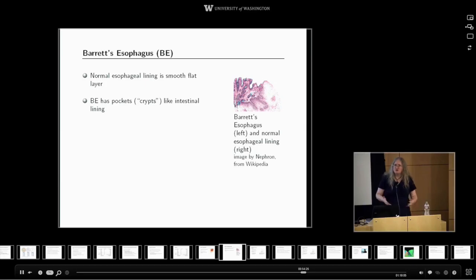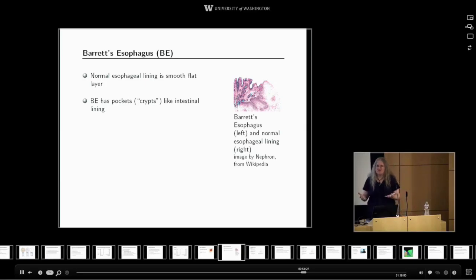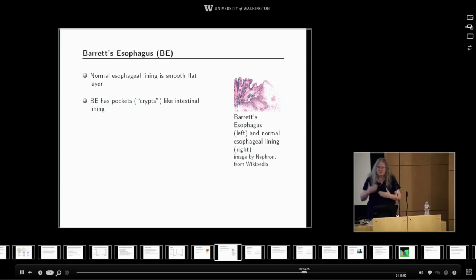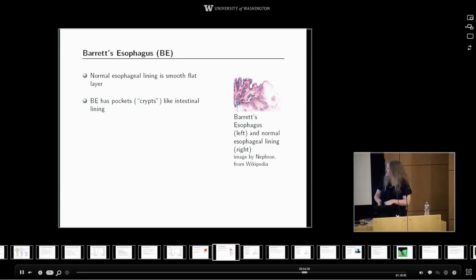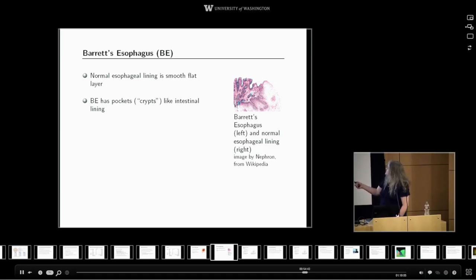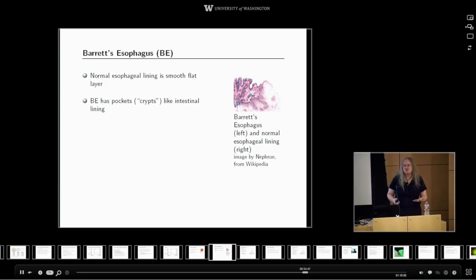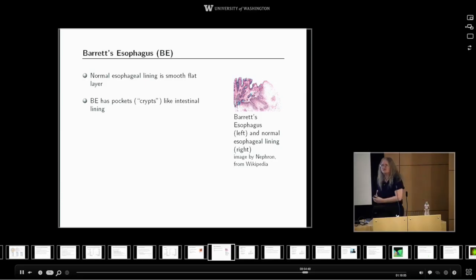If acid and other gastric juices are coming back up into the esophagus, some people's bodies react by changing the type of tissue lining the esophagus from the smooth, flat layer of cells into a structure that has these pockets called crypts. This is very typical of the lining of the intestine, which is a tissue that's exposed to a lot of acid and bile and so forth.